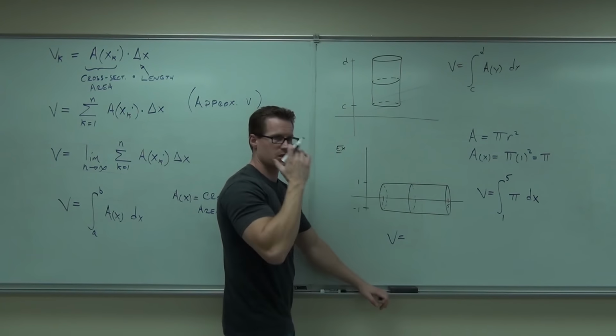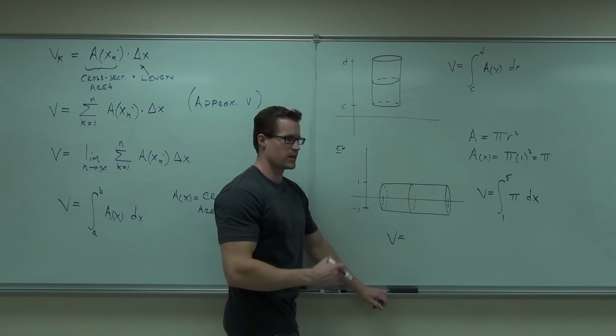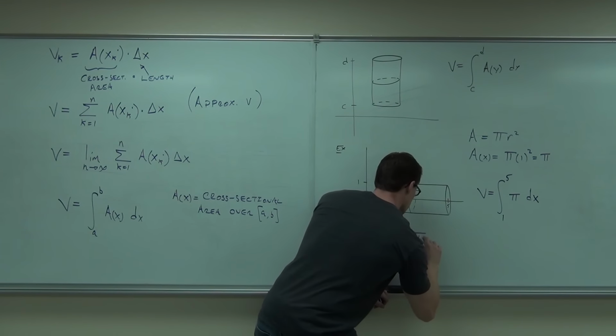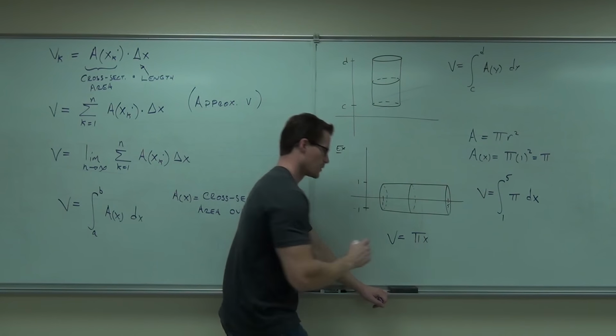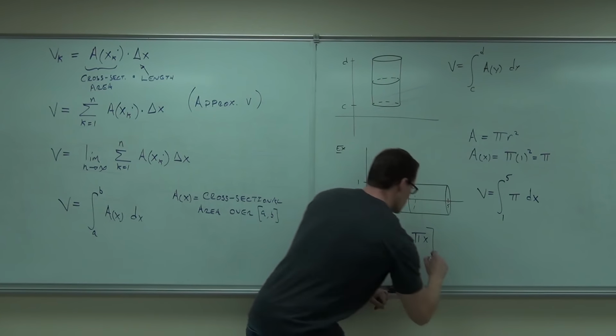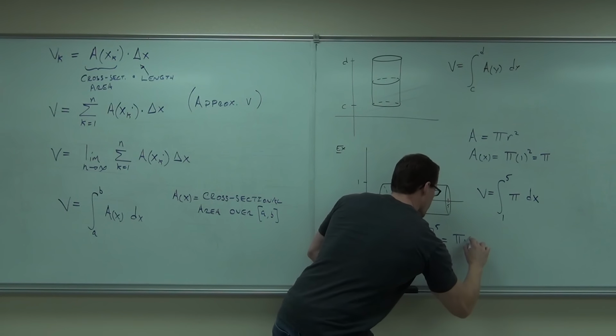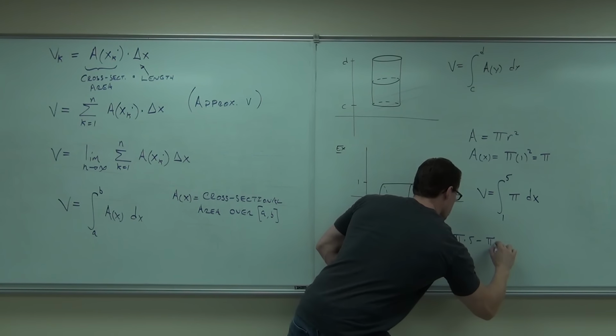Not too hard. What's the integral of pi dx? Pi x. With the evaluation symbol, from 1 to 5. So this says pi times 5 minus pi times 1.